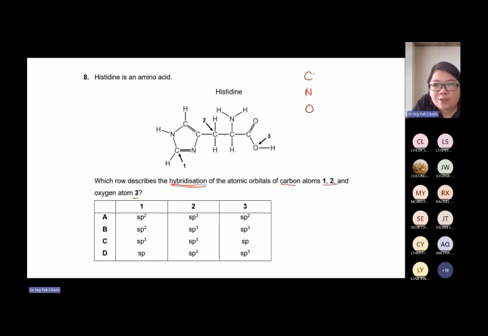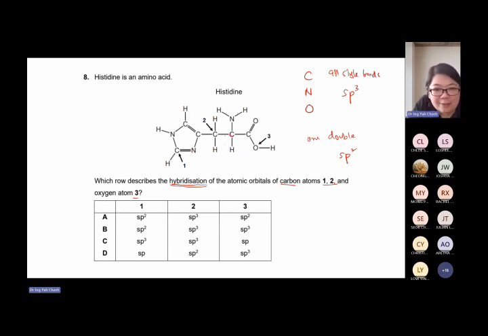Whenever you see carbon surrounded by all single bonds, no double bond, it must be sp3 hybridization. Now, when you see one double bond, it will be sp2 hybridization.